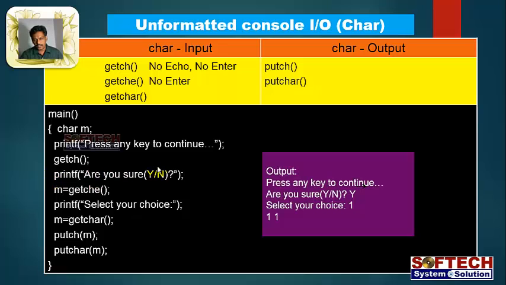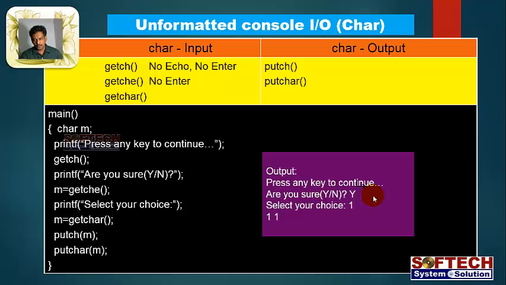The next one is printf "are you sure y/n". It is displayed on the screen. Here we use getche, where m is a character variable, m equal to getche. This function name is getche. So this is also a way to accept a character.